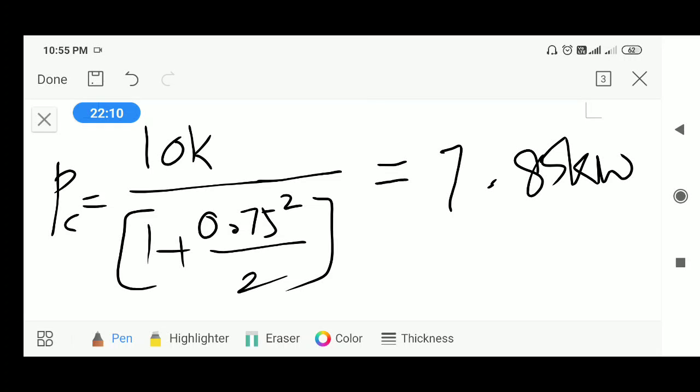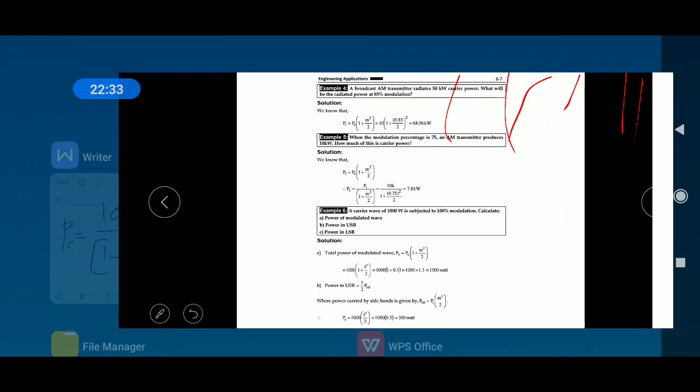Generally, carrier power is less than total power. That is one of the cross verification techniques. When 10K is the total power, the carrier power should be less than 10K. Here 7.85K is less than 10K. Right?